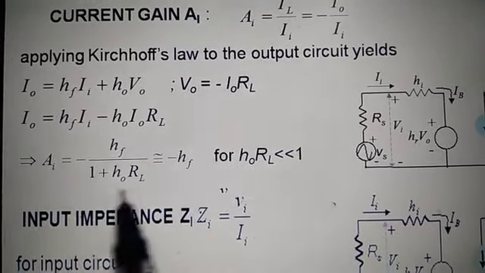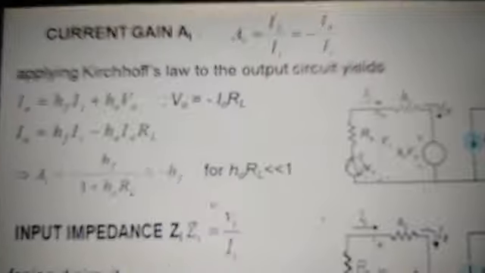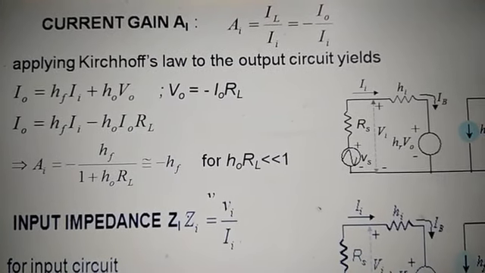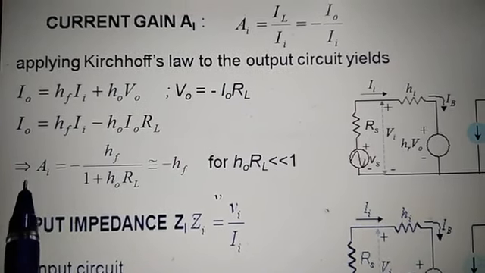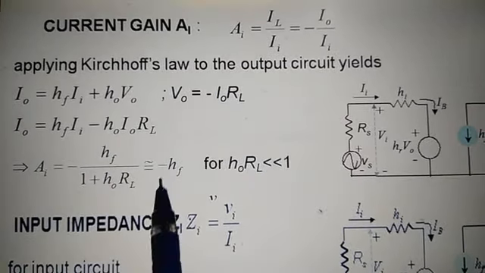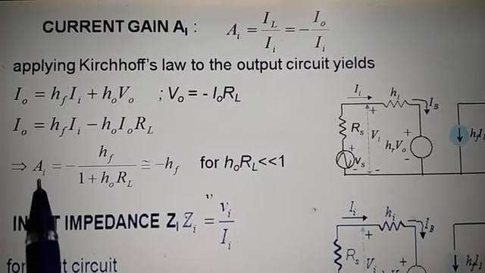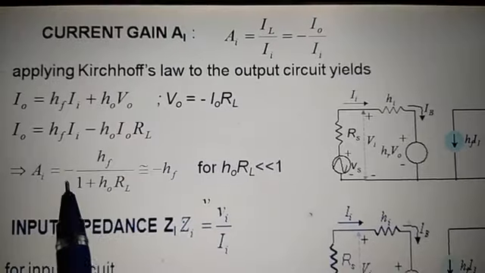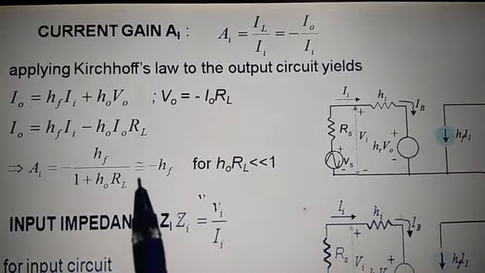So this is the generalized current gain in terms of H parameter model, or H parameters. This is the current gain of all types of configuration in terms of H parameter model. AI for common emitter will be equal to minus HFE upon 1 plus HOE into RL.